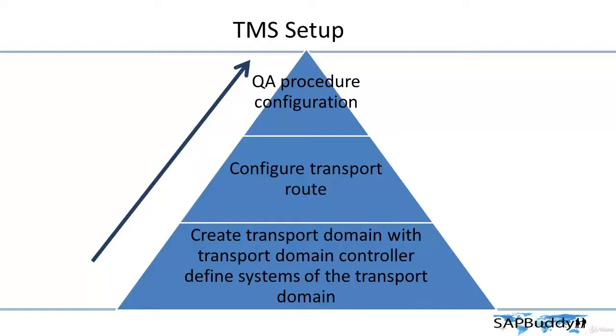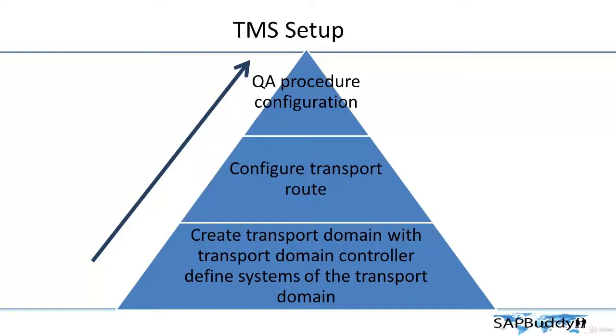Basically, we configure the transport domain and define which SAP systems need to be included in it. Then the second stage is to configure transport routes. Here we configure the transport routes to define the SAP system and the client role within the specific SAP landscape. That is stage 2.